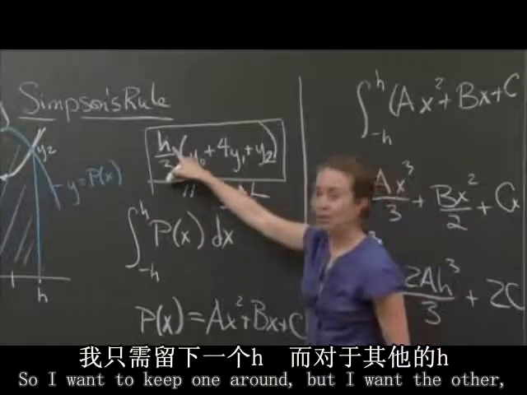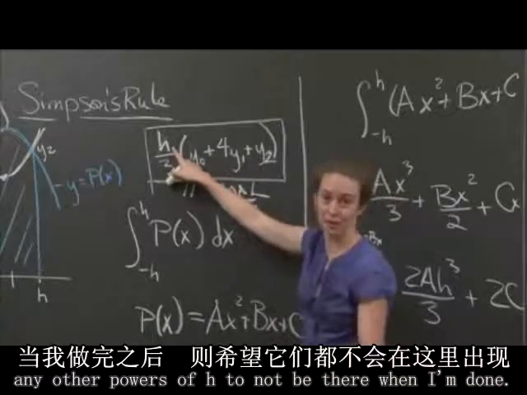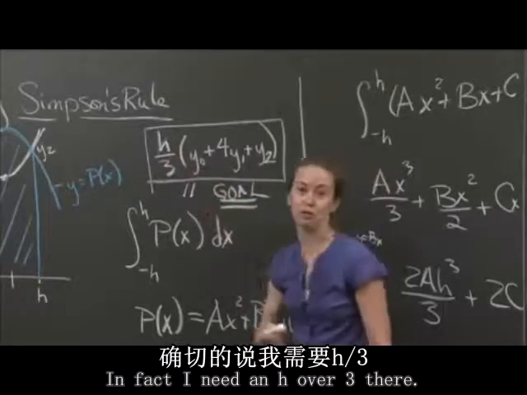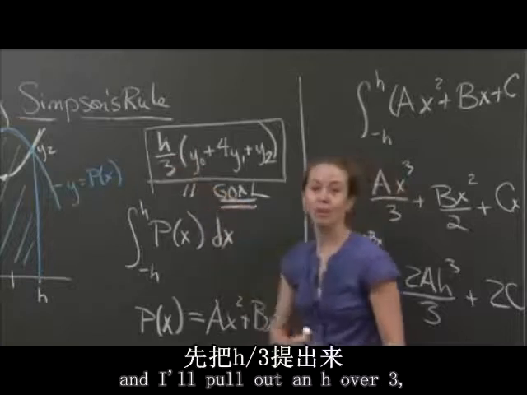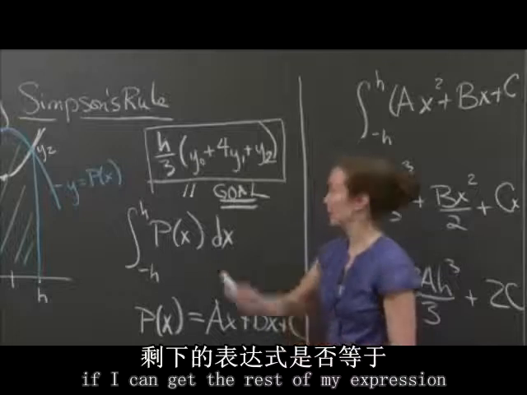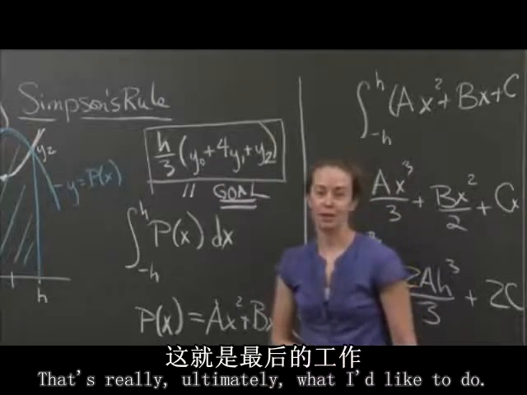So I want to keep one h around, but I want any other powers of h to not be there when I'm done. Right? I need an h over 3 there. So I'll pull out an h over 3, and then try to figure out if I can get the rest of my expression to look like what's in the parentheses. That's really ultimately what I'd like to do.